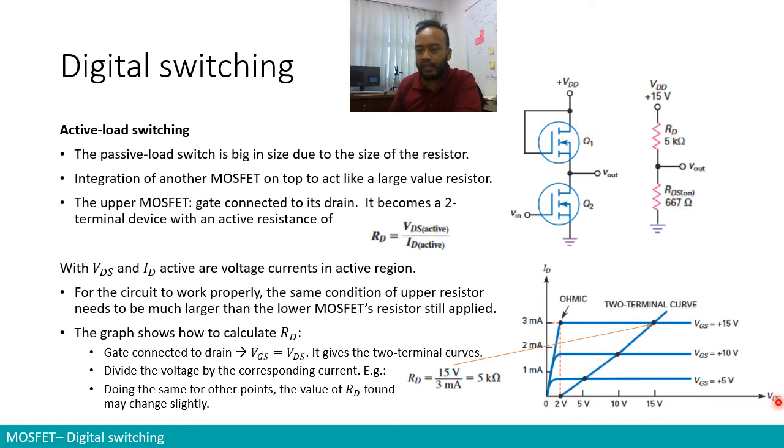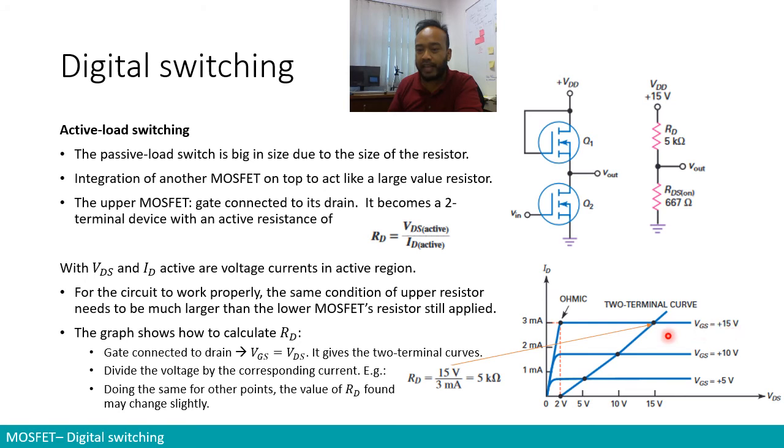When you have your VDS exactly equal to VGS. Remember that in our curve of ID versus VDS, we have multiple curves that explain the behavior as our VGS changes. And for this VGS, we plot the points where VGS equals VDS. For example, for the curve of VGS equals 15 volts, we plot a point where our VDS is also 15.